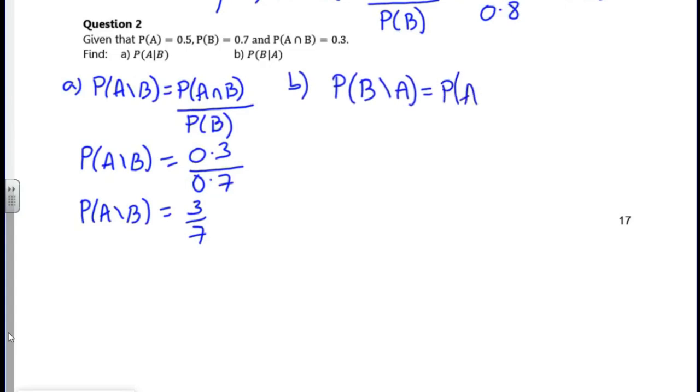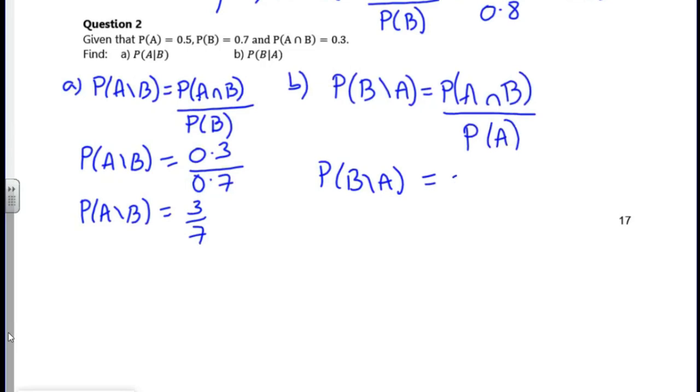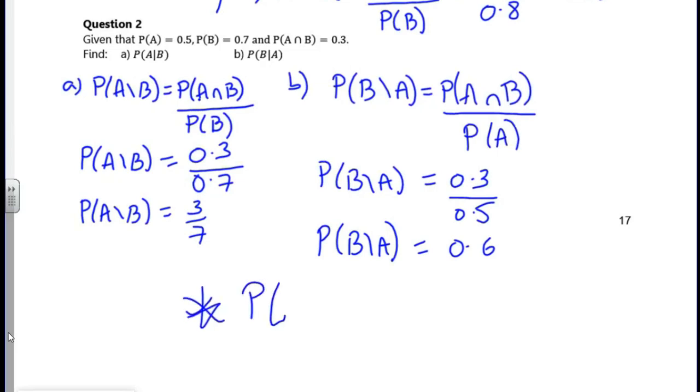It is actually B and A if you follow it through, but A and B is the same. Divided by A. It's going to be 3/5, 0.6. So the big thing here is just stressing the fact that they're not the same.